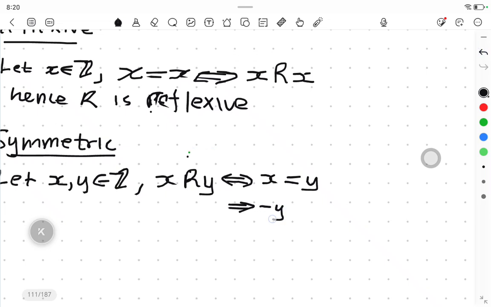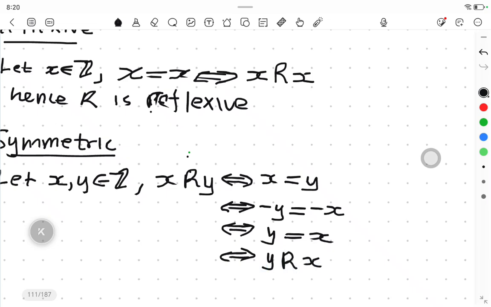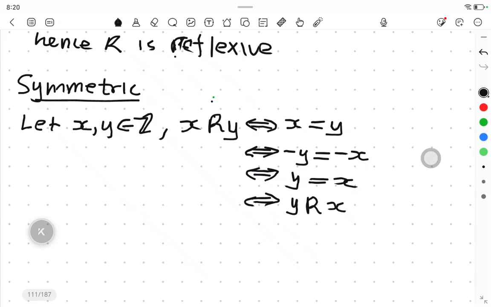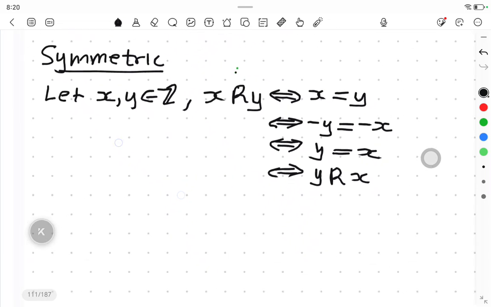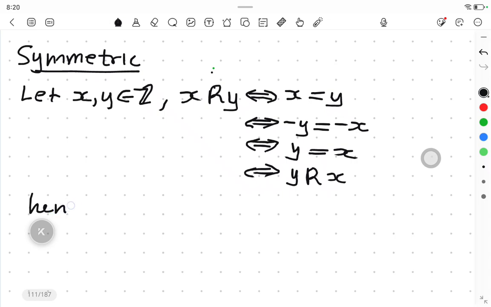Somehow I must commute, take this one to the other side, this one to the other side. Then we have this, you see right now. So from here, I'm going to divide both sides by negative. Then I'm going to get y is equal to x. And this will only occur if and only if y is related to x. So now we see that this is true. So we can say hence R is symmetric.